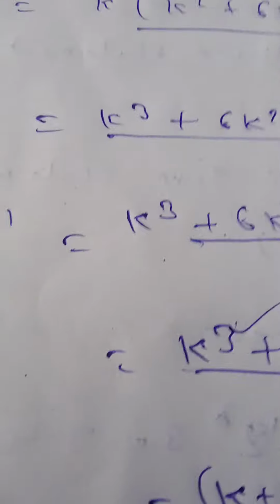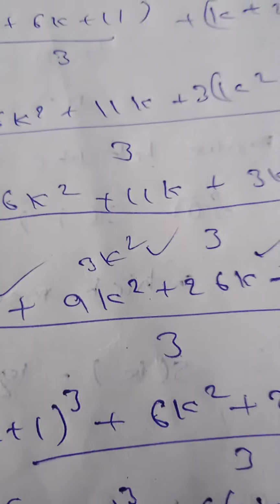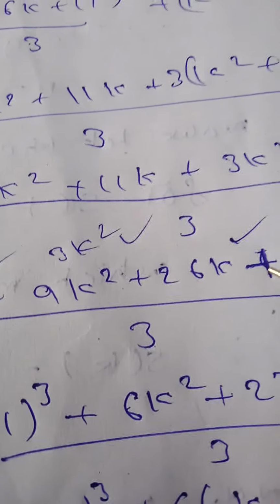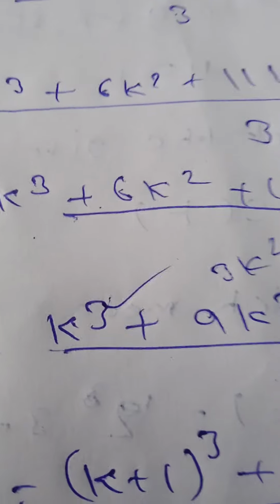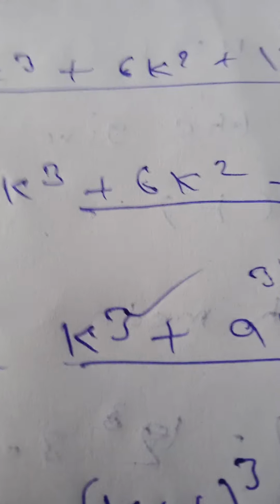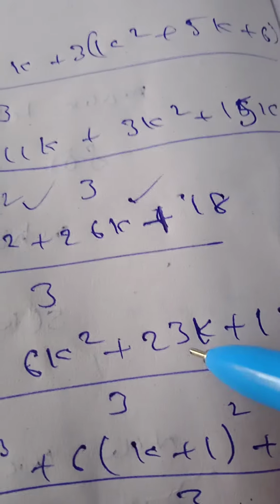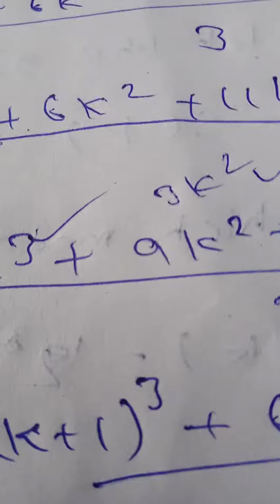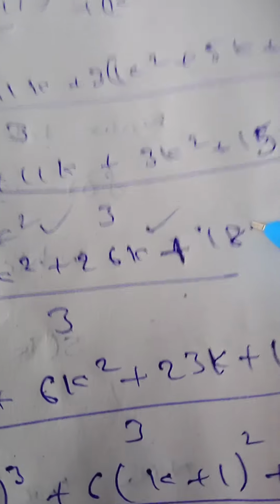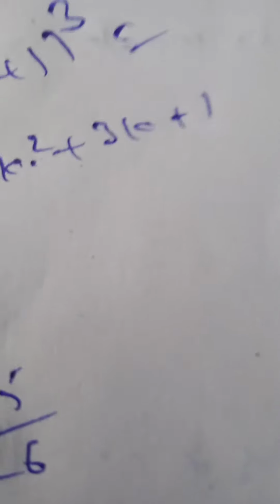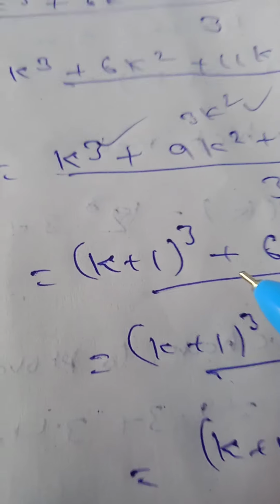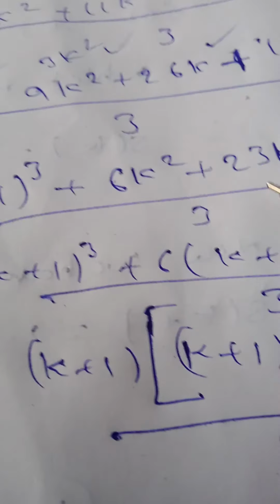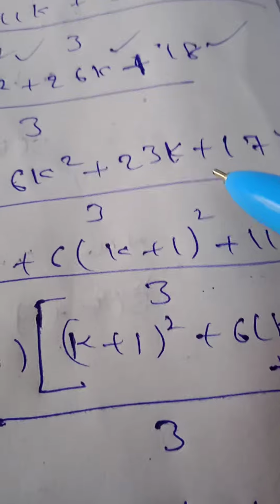Now 3k from 26k we delete 3k, the remaining is 23k, and we delete 1 from 18, it becomes 17. Now that equals (k plus 1) whole cube plus 6k square plus 23k plus 17 whole by 3.